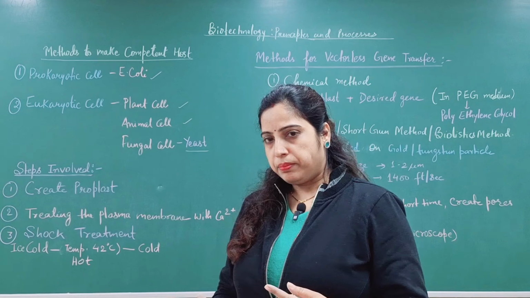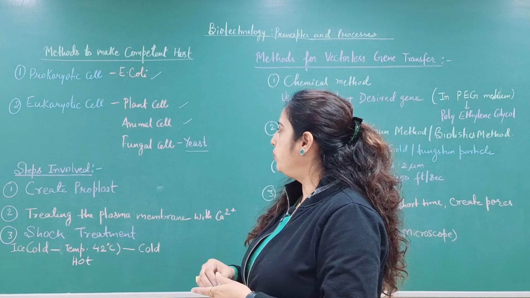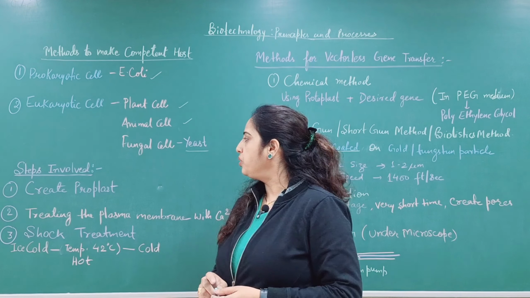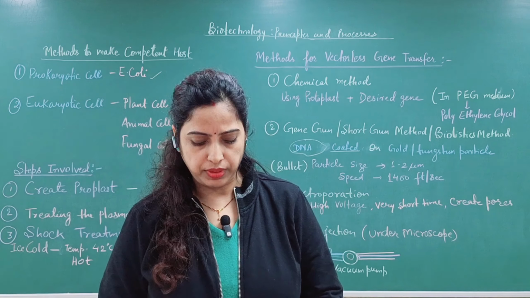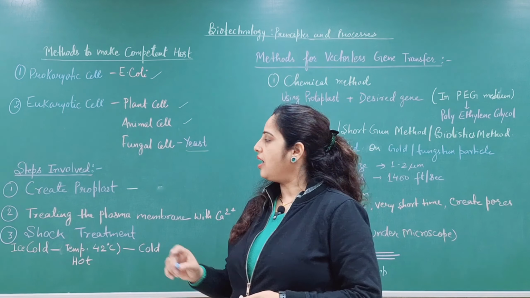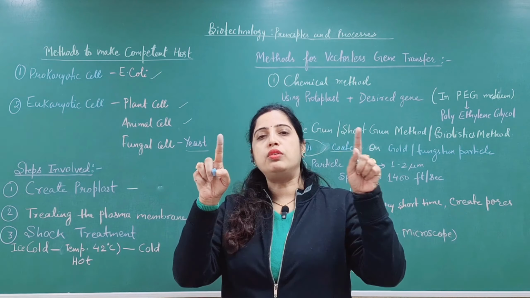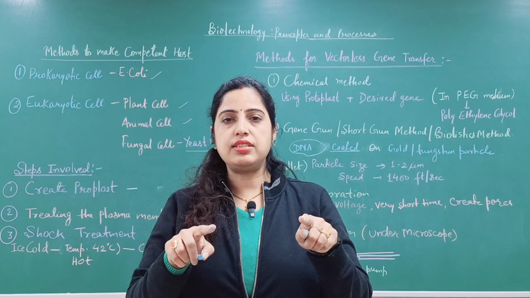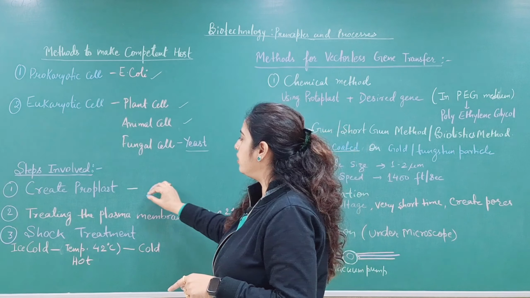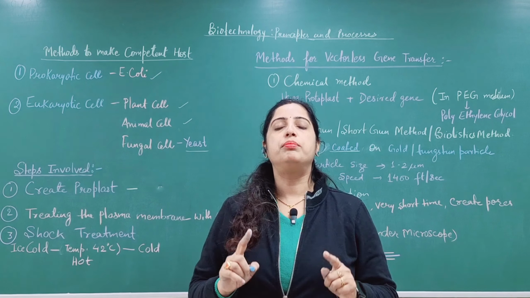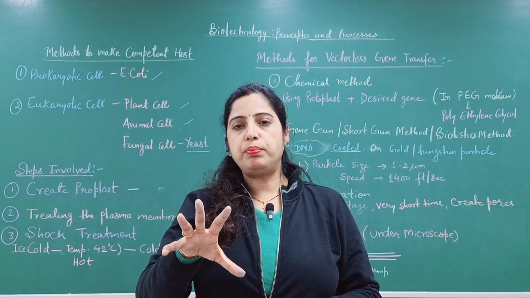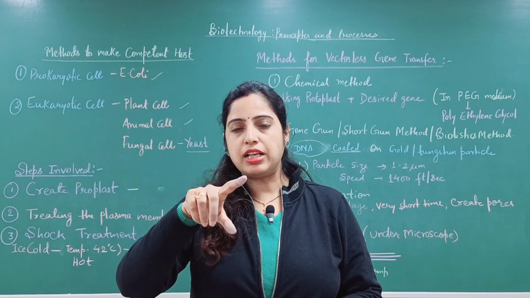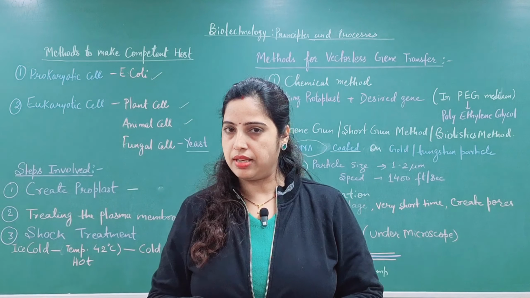For now you should know that we need to create a protoplast. You must be wondering what a protoplast is. Protoplasts are the structures you get when you remove the cell wall. Remove the cell wall, now you have what? Just the plasma membrane left. The protoplasm surrounded with the plasma membrane is the protoplast.